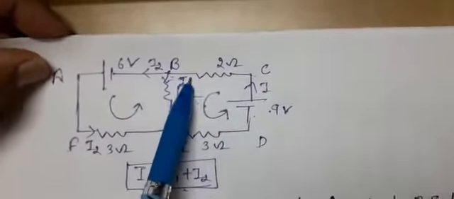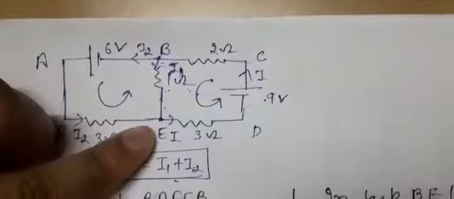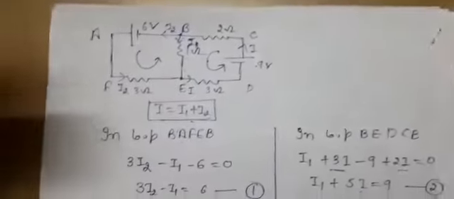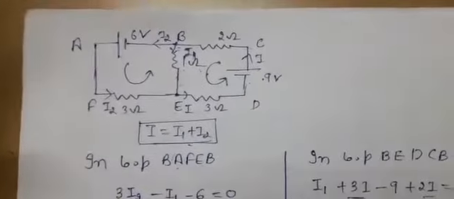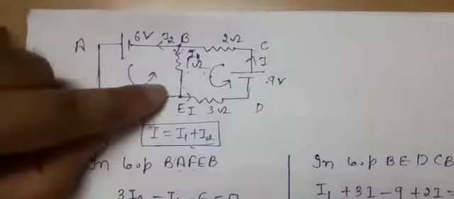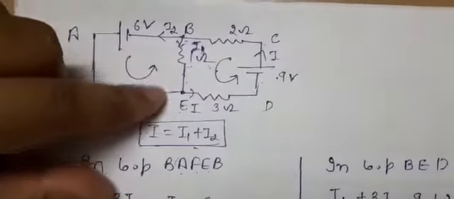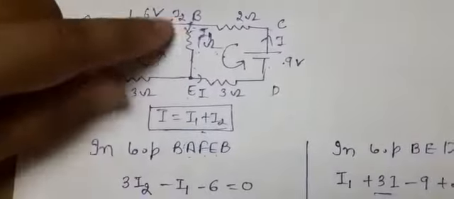See in the figure, we have taken the I1 current flowing in a direction because at this point the current is divided. But when we obtain the current, it turns out to be in the opposite direction. So it's not wrong what we have done, the negative sign just depicts that the direction of current should be reversed. So that's why you will simply write in the answer that the current flows from E to B.